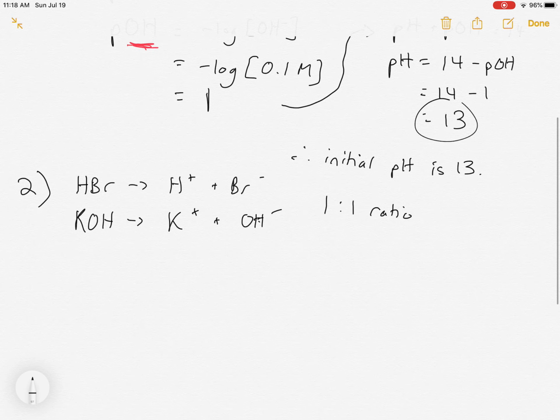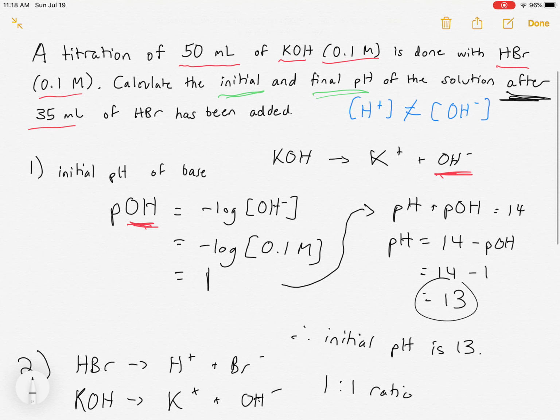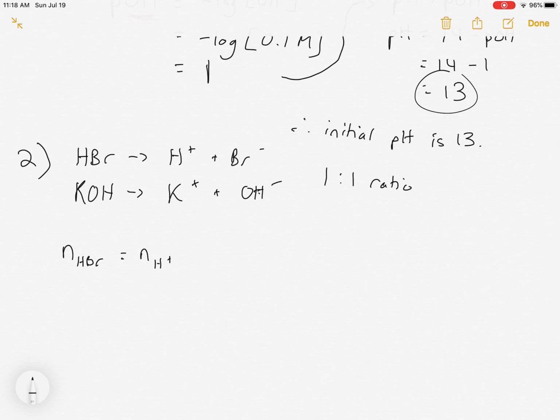So if we want the moles of hydrobromic acid, which equals the moles of hydrogen ions, because we know it's a 1-to-1 ratio, then we can solve that by taking the concentration, or the molarity. I'm just going to say C for concentration, and then we multiply that by the volume.